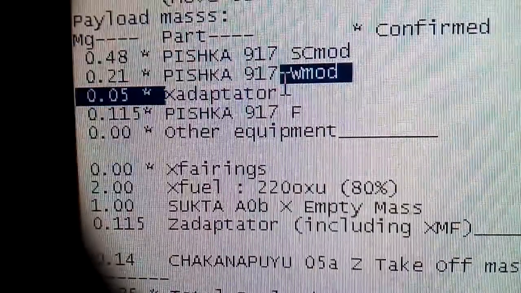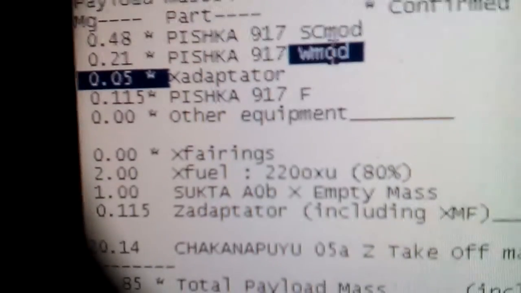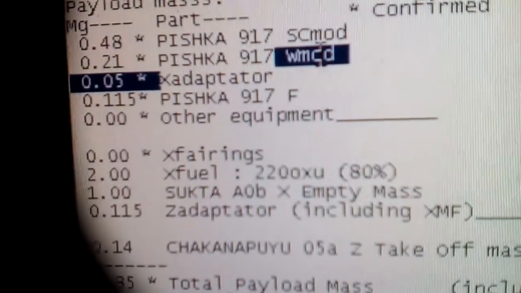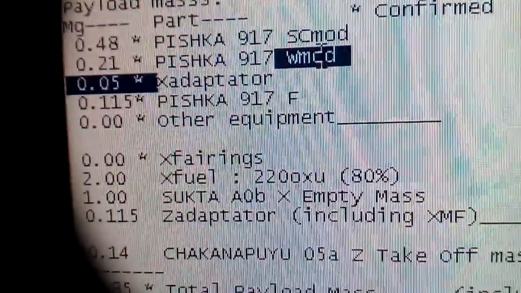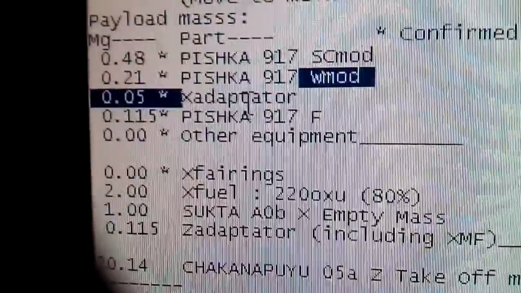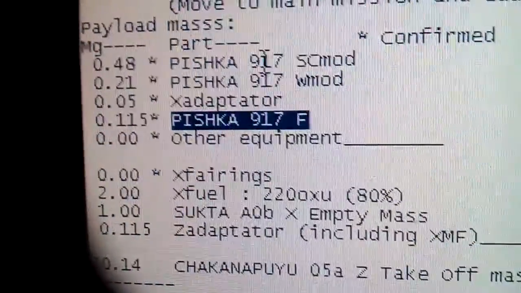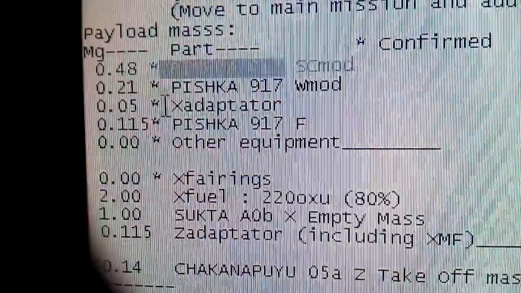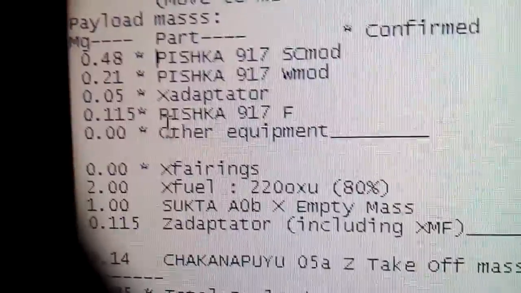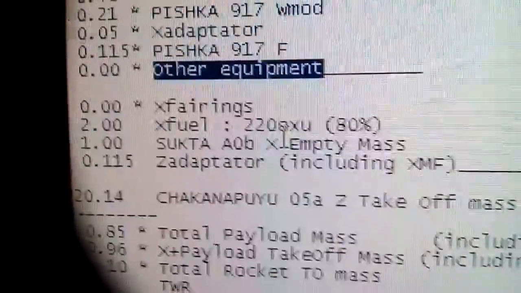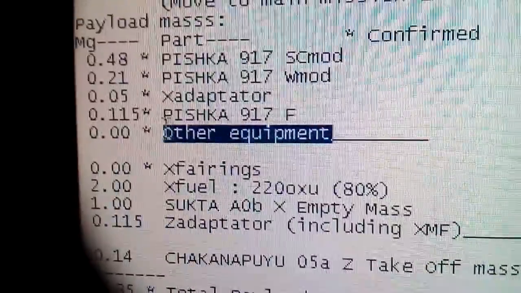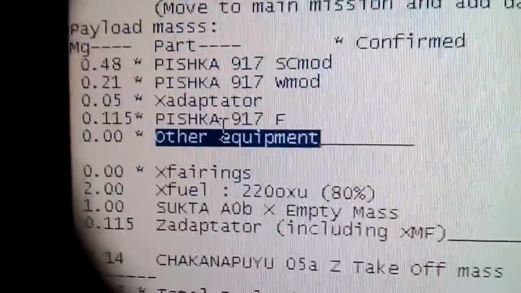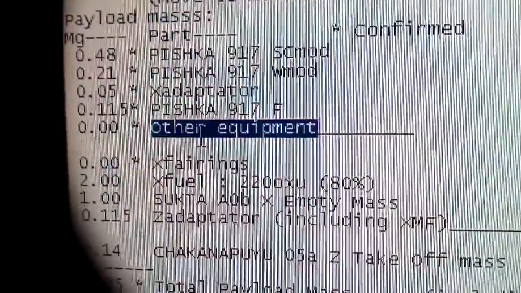The X-ray adapter is the adapter that connects my payload with the second stage, the fairing or shroud of my spacecraft, and other equipment that usually are payloads attached to the second stage.